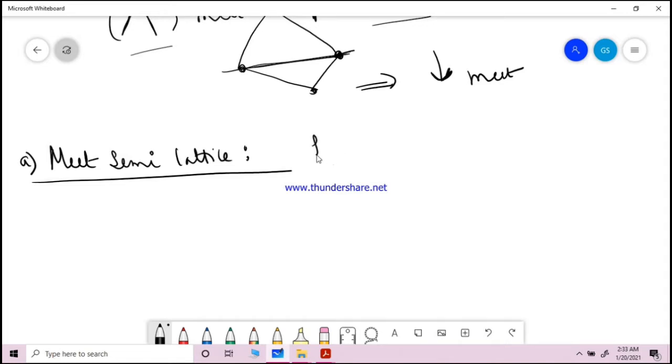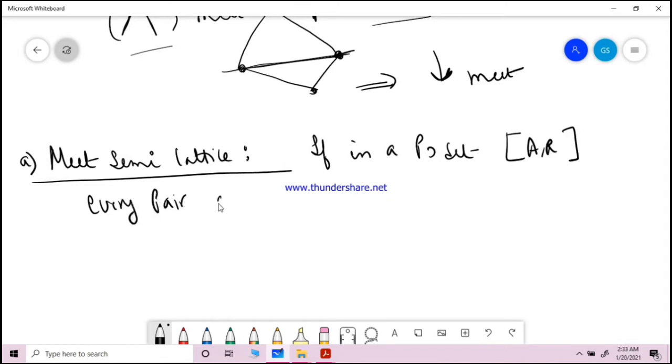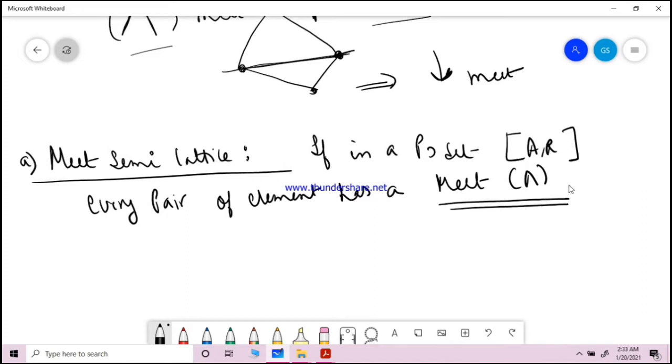If in a poset, this is how we represent a poset, every pair of elements has a meet, this is how we represent a meet, then it is called meet semilattice.